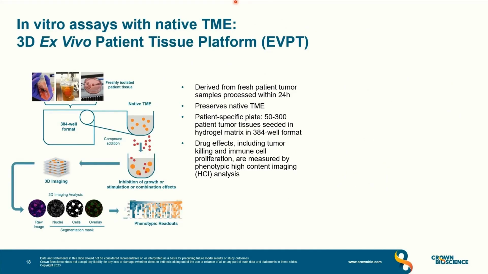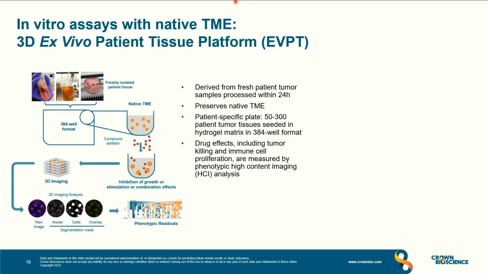At Crown Bio, we have our own method for performing native TME assays. It is called the ex vivo patient tissue platform. We process fresh tumor samples from resected material as well as from ascites and pleural fluids, and generate tumor clusters of around 100 to 150 micrometers by gentle mechanical shearing.